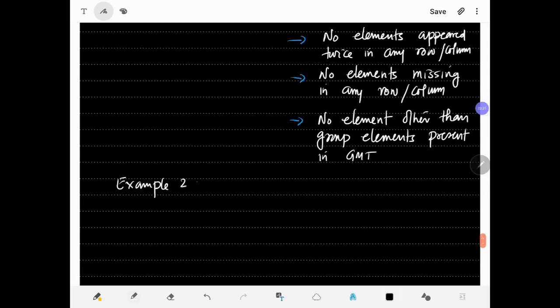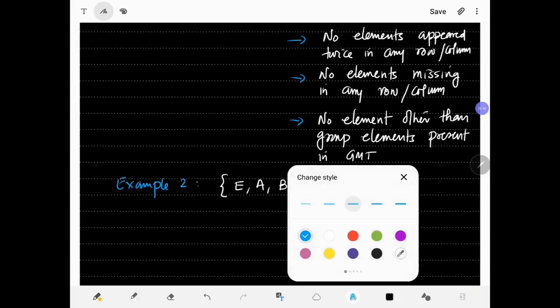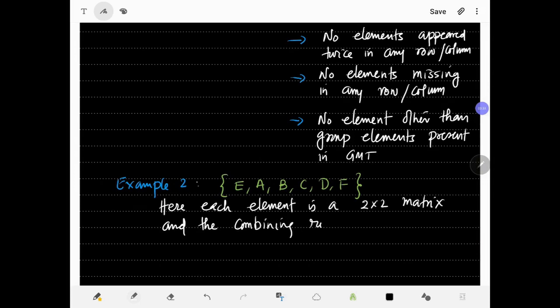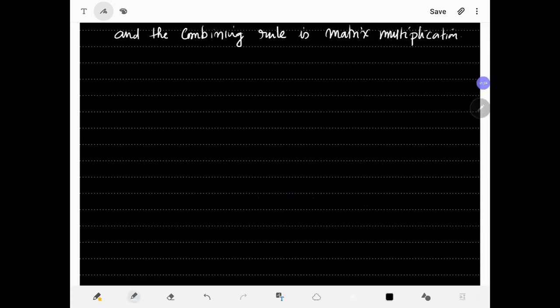Now let's take a little different example in which I have 6 elements E, A, B, C, D, F. And each element is a 2 by 2 matrix, and the combining rule is matrix multiplication. So what are these elements?